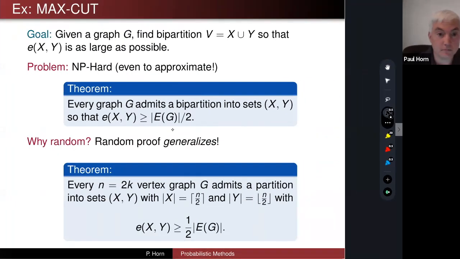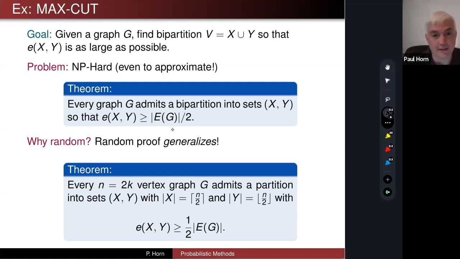Or suppose you really care about the sizes of these sets. The non-probabilistic proof I gave you, I don't actually control how big the sets are at the end. I'm flipping things back and forth, and who knows how large exactly the sets are at the end. Even in the probabilistic proof, the size of the sets is a random variable.